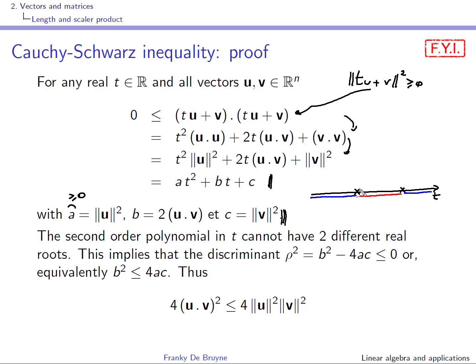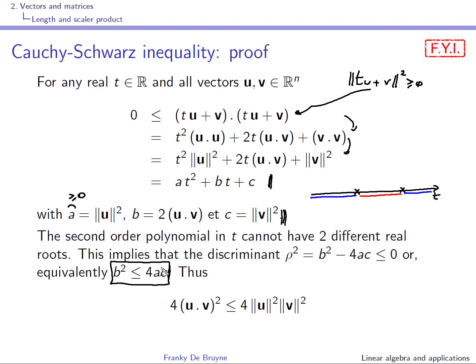Okay, this is something we do not desire. So we know now that we cannot have two different real roots. This means that the discriminant squared, rho squared, must be negative or 0, or equivalently that b squared must be smaller or equal to 4ac.